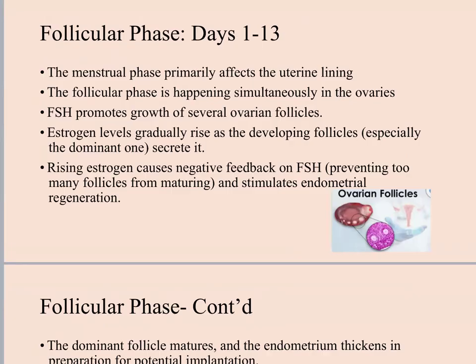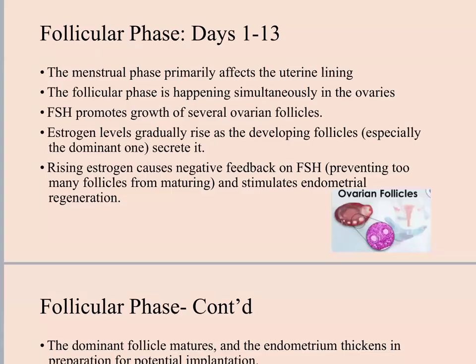So that menstrual phase affects the uterine lining. There's kind of two things going on with the uterus and the ovaries. The follicular phase is happening simultaneously in the ovaries. So FSH is going to be like, hey, ovaries, start developing some of those little egg sacs that we call follicles.